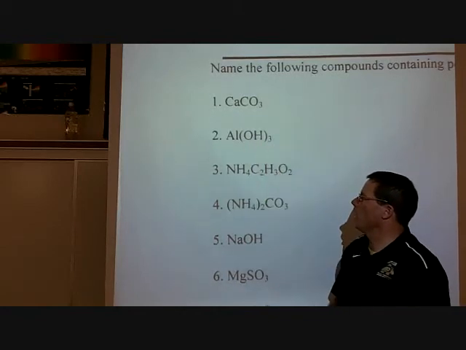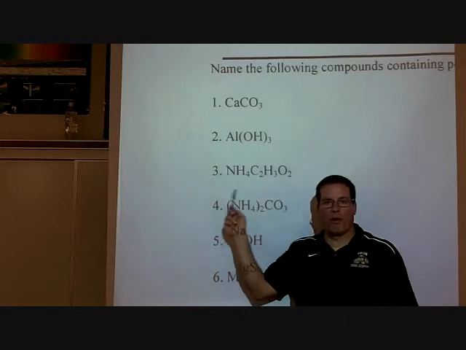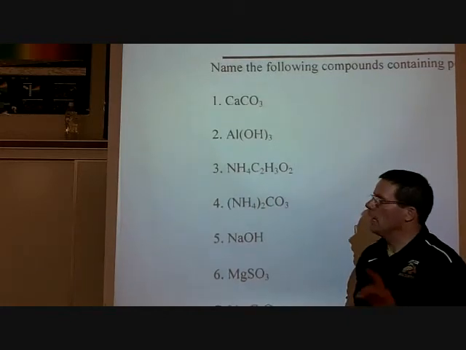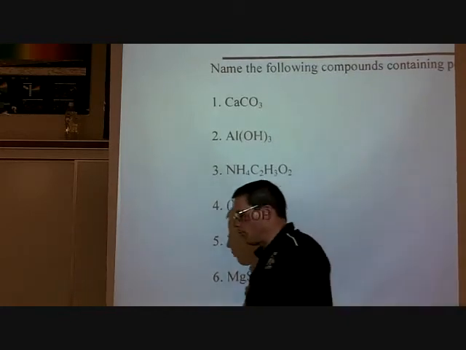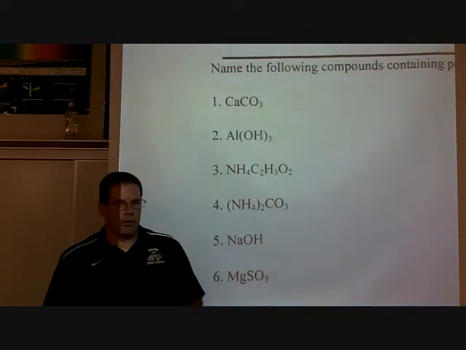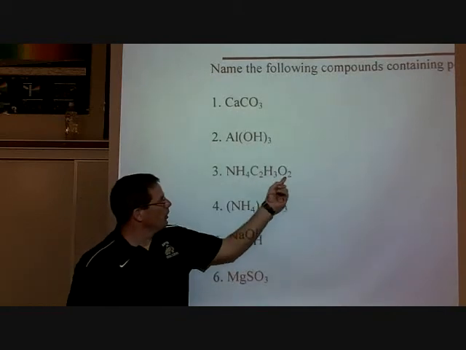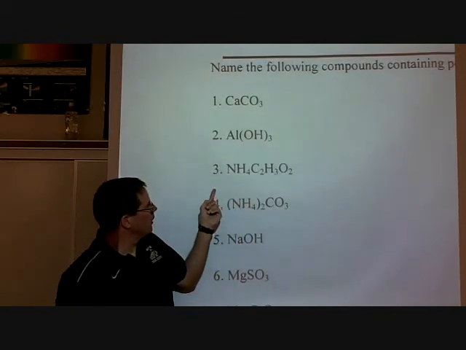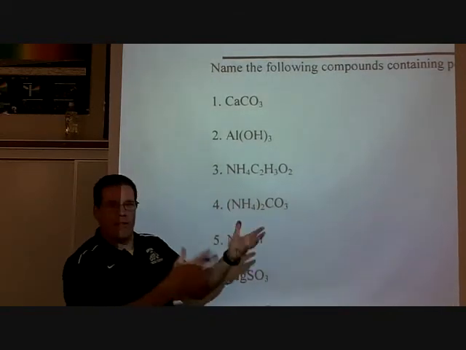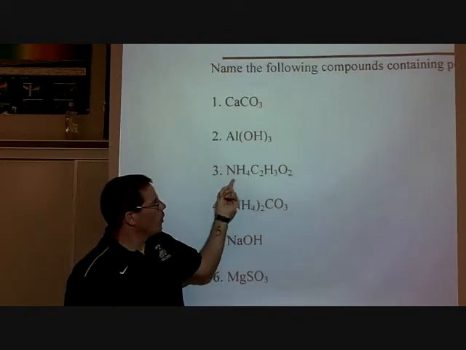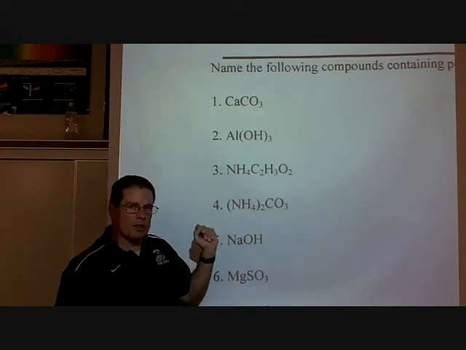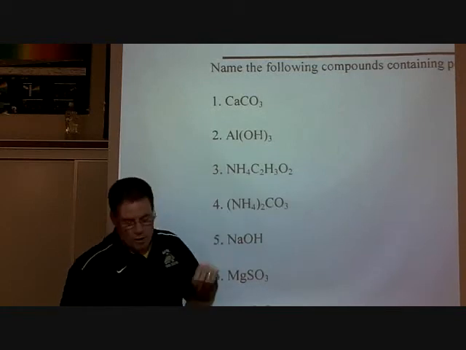So aluminum hydroxide. Now this is the fun one, number 3. Here's how you solve for these types of problems. What you want to do first and foremost is identify the metal. Since there's really no metals here, because again, everything to the left of that stair step is metals, we have to look and say, do we have a polyatomic that acts like a metal here? The answer is yes.